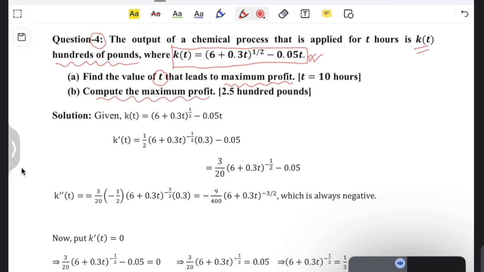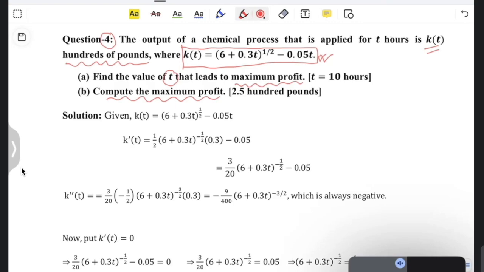Suppose you know a maximum point on a curve like this. Let's say this point is the maximum point and the coordinate of this point is (a, b). Then a indicates the x coordinate of the maximum point, b is the y coordinate of the maximum point. So what does it actually mean?